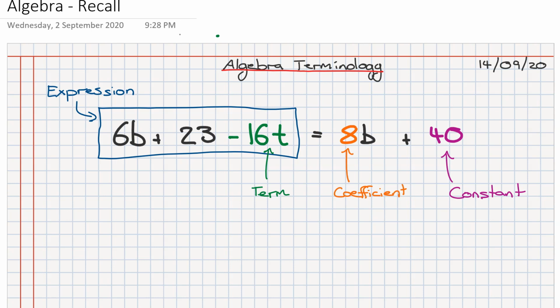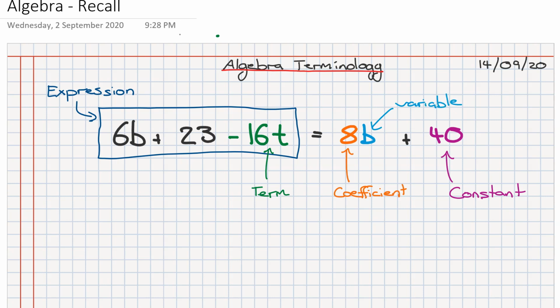Now the other thing that we're going to be looking at is the b. Let's change it to light blue. This b here, the b itself, is called a variable.